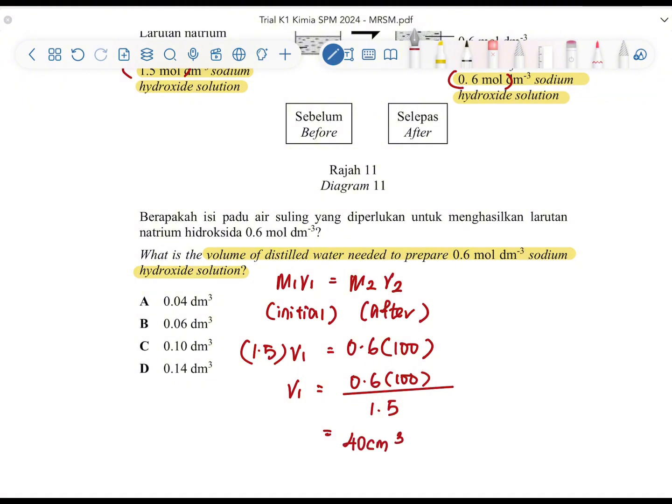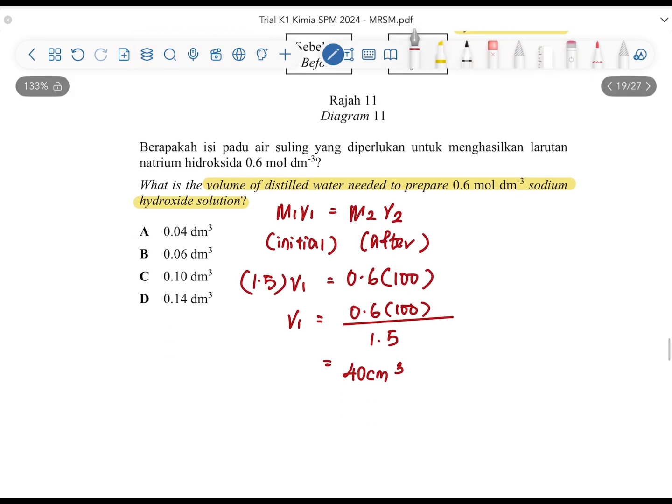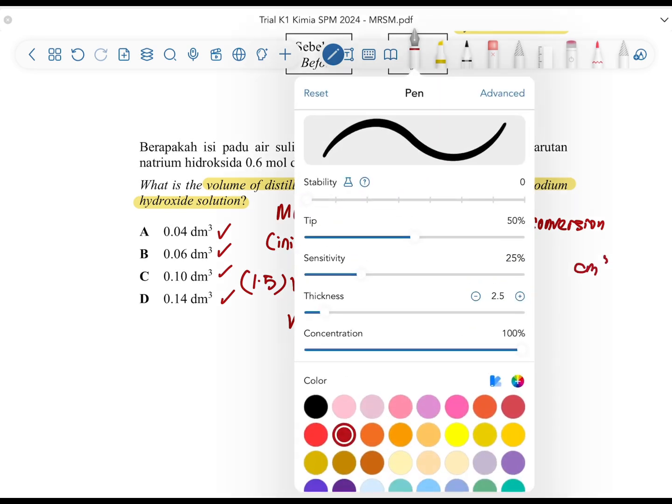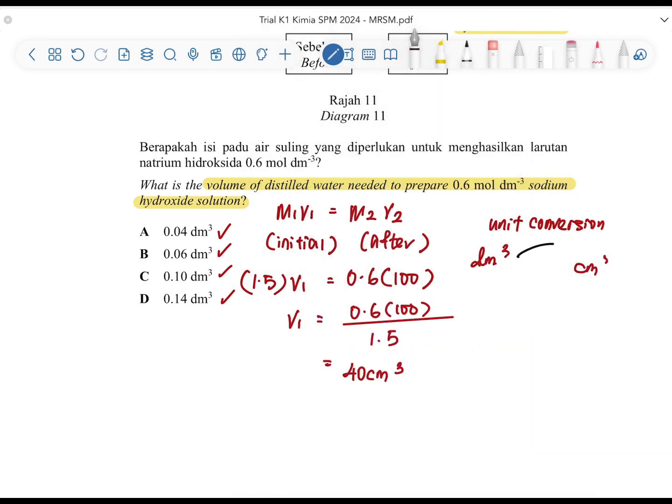But in this question, the volume is provided in dm³, right? So we need to do the unit conversion from cm³ to dm³. When we convert dm³ to cm³, we times 1000.